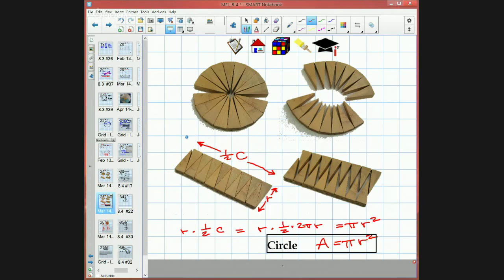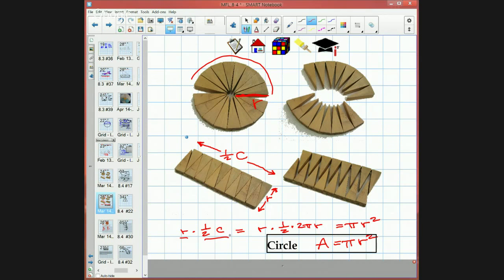Remember, that came from up here, before we straightened it out. That edge really was halfway around the circle, so it was half of a circumference. And what was this length right here? It goes from here to here in the original picture, and sure enough, that was a radius. So length times width.